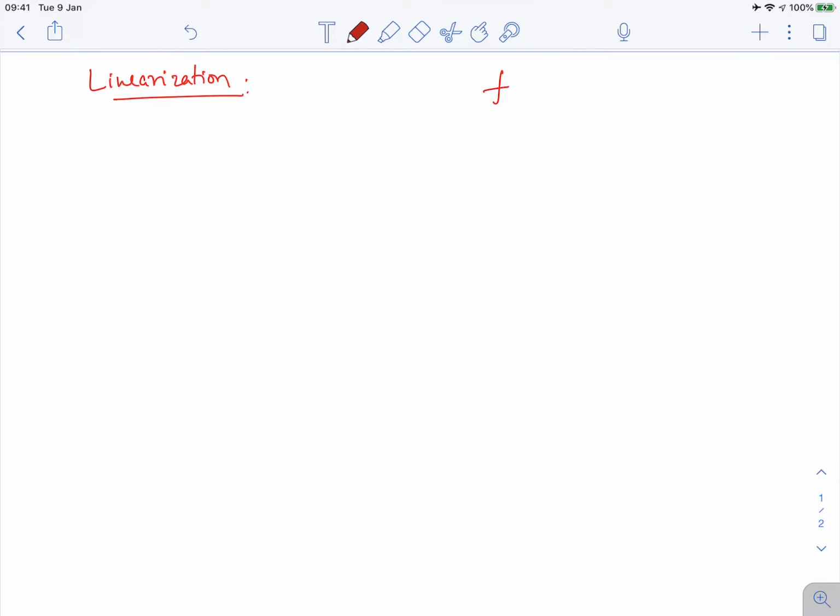So we have some function f of u minus f of u bar, which is our operating point, is approximately equal to the derivative of this function df over du computed at u is equal to u bar multiplied by u minus u bar.